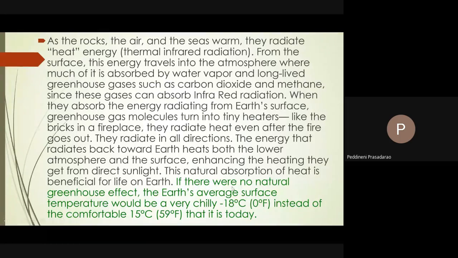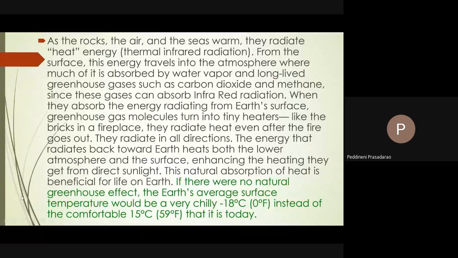If there were no natural greenhouse effect, the Earth's average surface temperature would be a very chilly minus 18 degrees centigrade, that means 0 degrees Fahrenheit. That means the temperature would be very, very low.